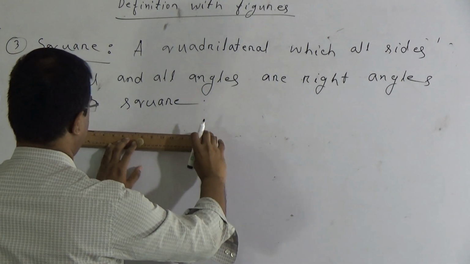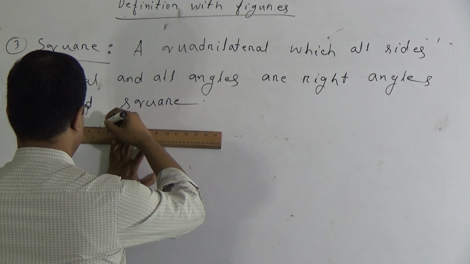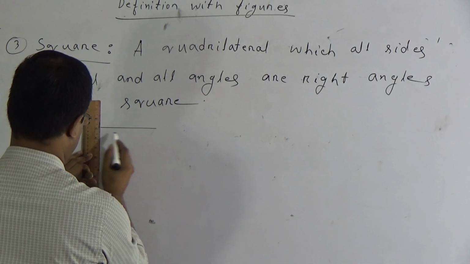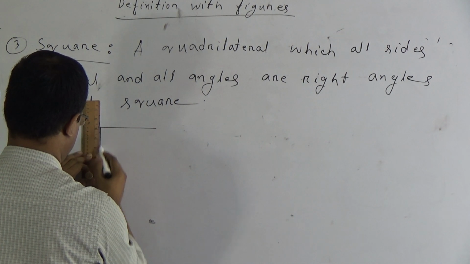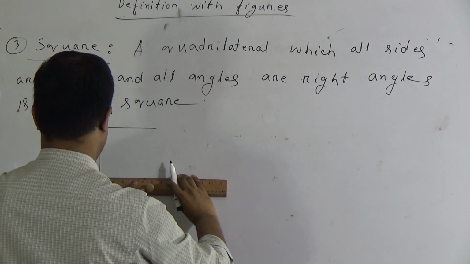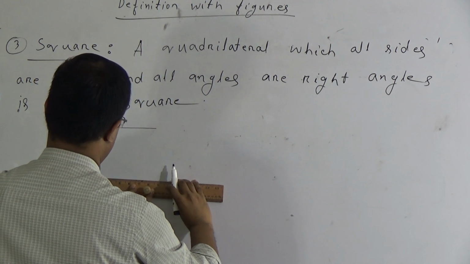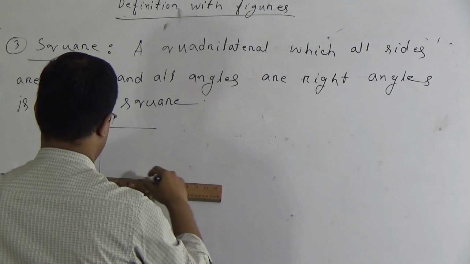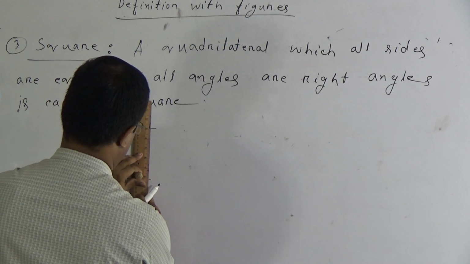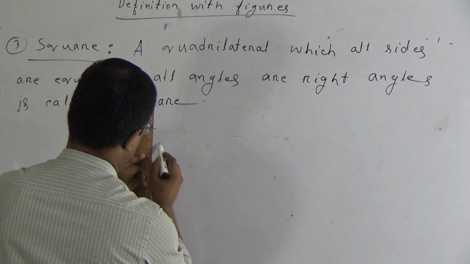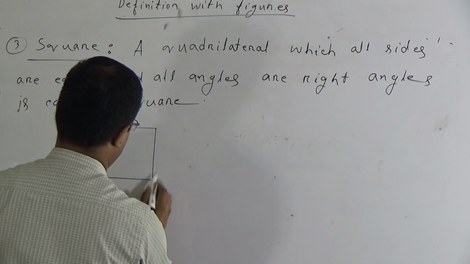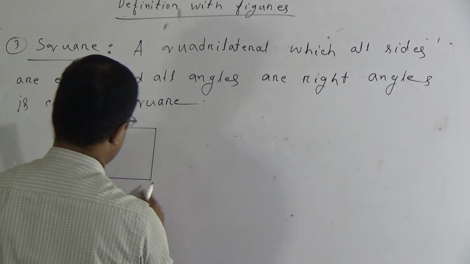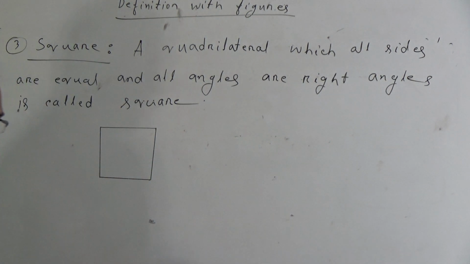It's a quadrilateral and the length of all its sides will be the same. Dear students, this is the figure of a square.